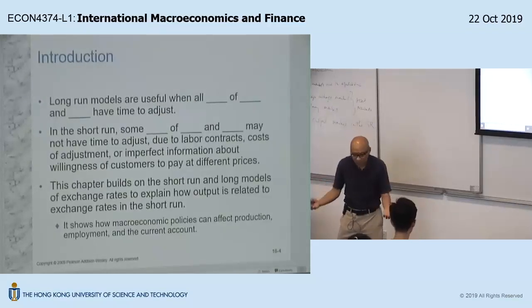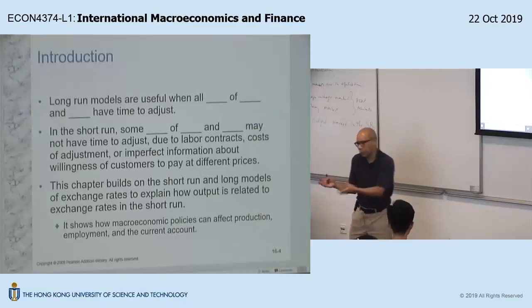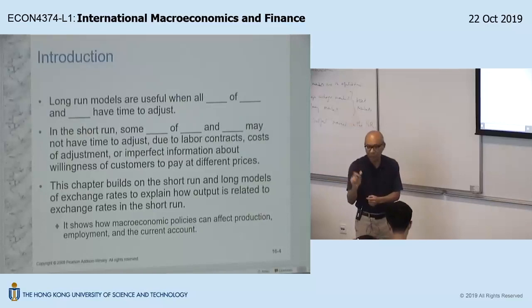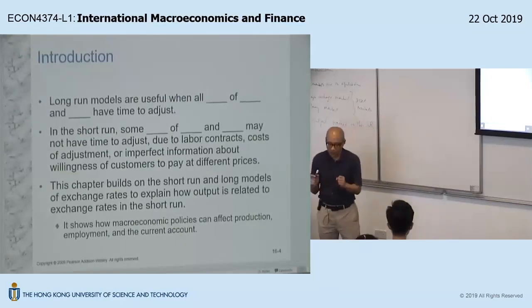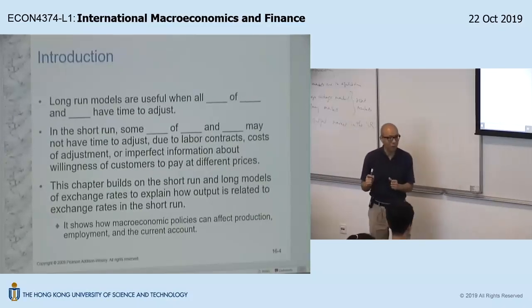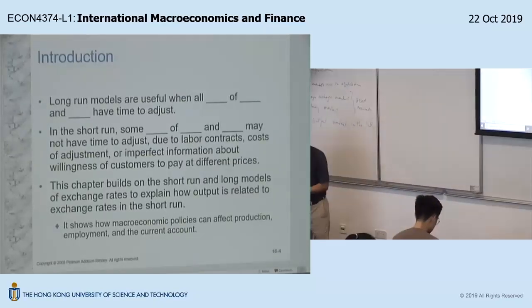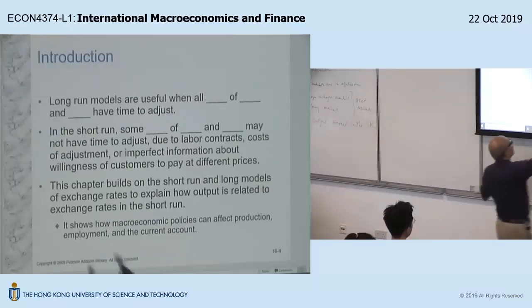Is this a general price increase, or is it just the price of my input that is increasing? So this kind of asymmetric information may make companies hesitate to increase the price of their good if they're not sure whether it's a general price increase or just a price increase in their own sector.